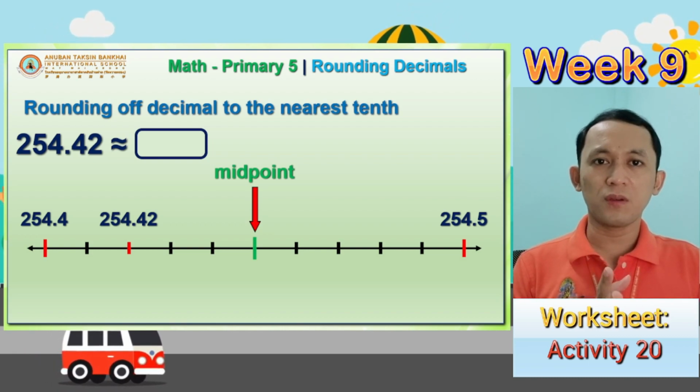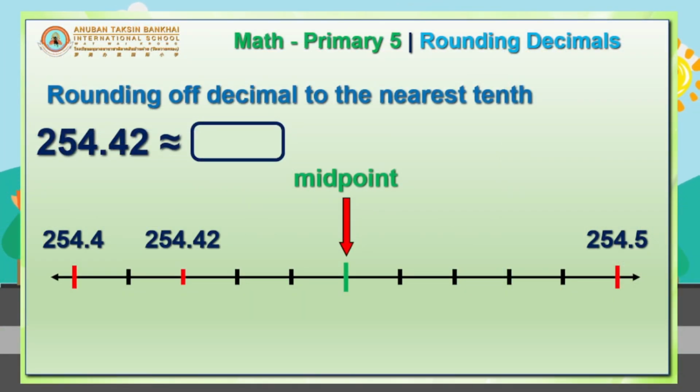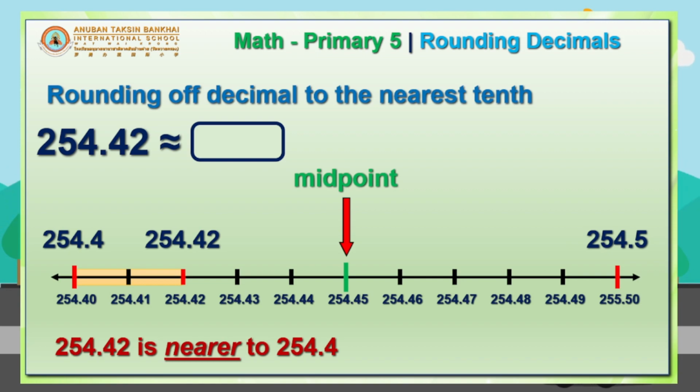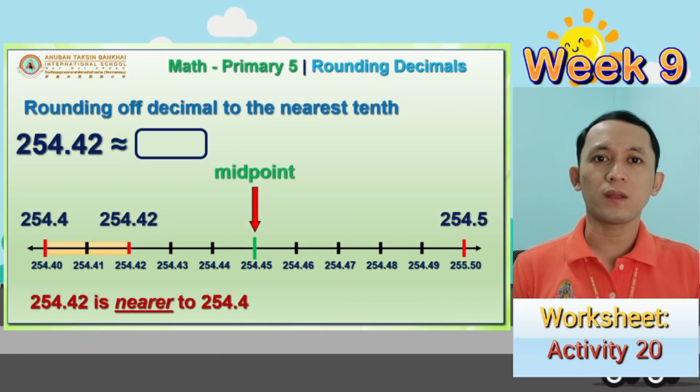If you're confused, here's the complete breakdown of the number. We have 254.40, 254.41, 254.42, 254.43, 254.44, 254.45 until 254.49, and then we have 254.50. You can see here that 254.42 is very near to 254.4.